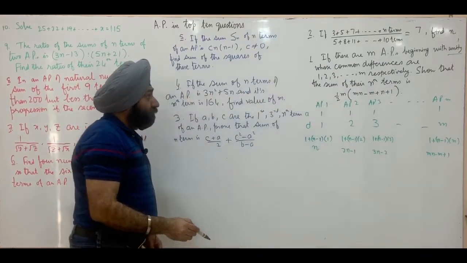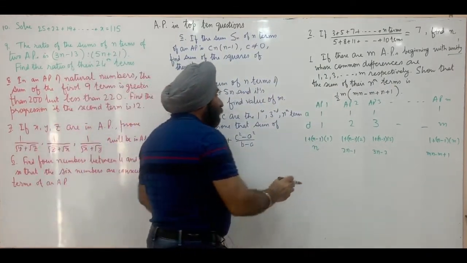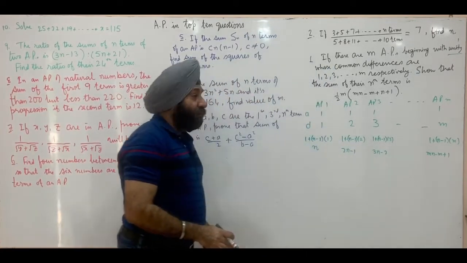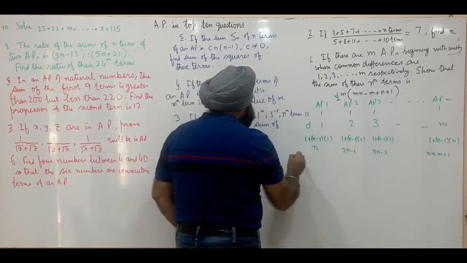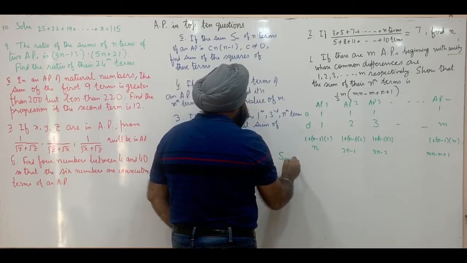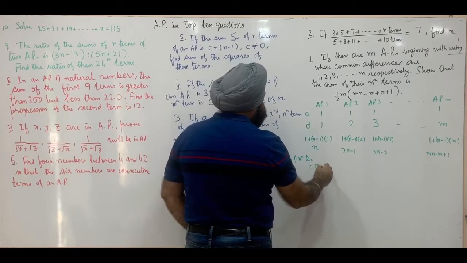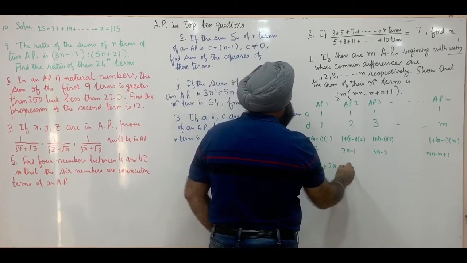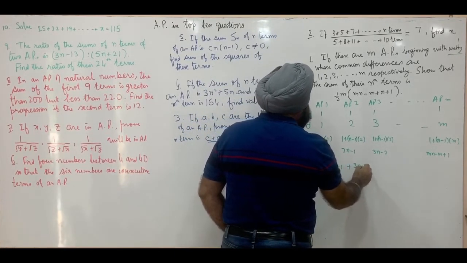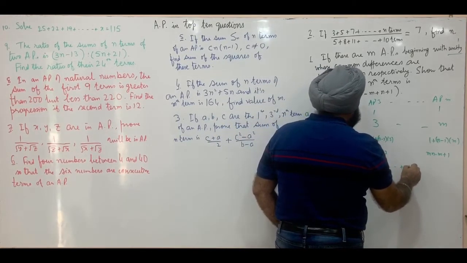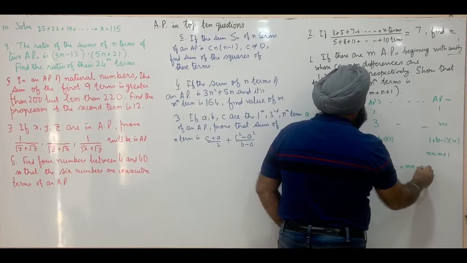So these are the nth terms: nth term of first, of second, of third, of mth. We have to find out sum. So sum of nth terms will be n plus 2n minus 1 plus 3n minus 2 and so on, up to mn minus m plus 1.